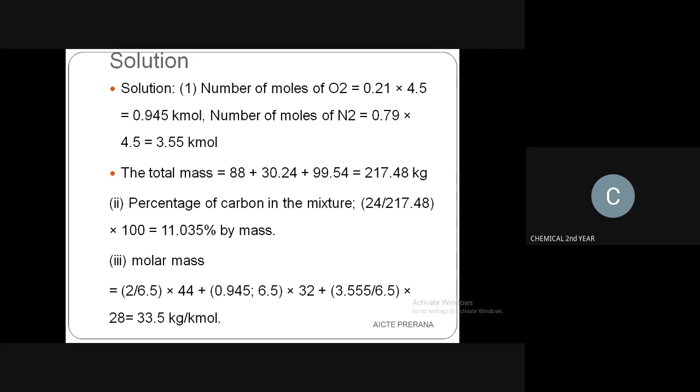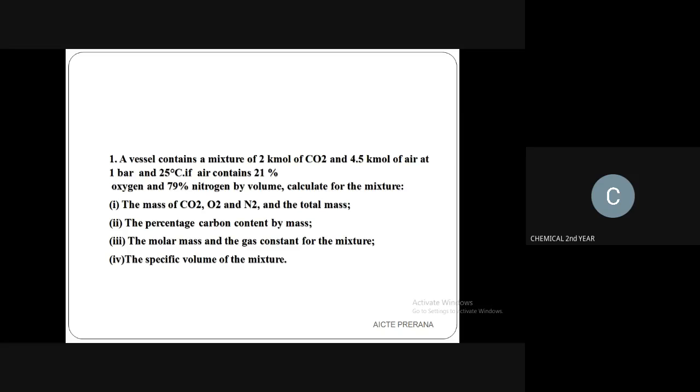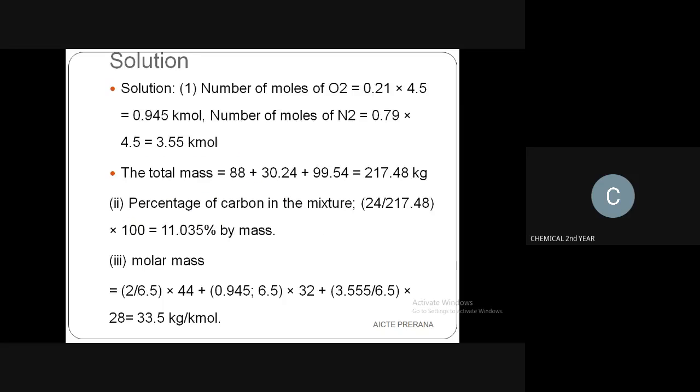They have given the fraction, and we convert it to mole fraction, and then multiply it by the amount of air, 4.5 kilomole, which is the common factor for oxygen, carbon dioxide, and nitrogen.